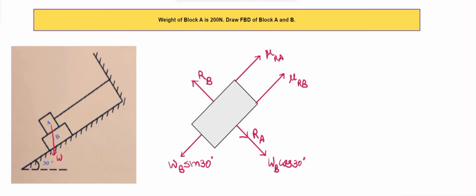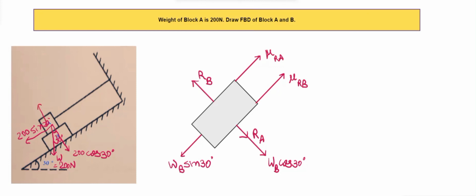The reactions on A will be: firstly, the weight will be acting in the downward direction, which again we'll resolve into two components, as here the angle formed is 30 degrees. So it will be 200 cos 30 and 200 sin 30. Reaction will act in the upward direction.